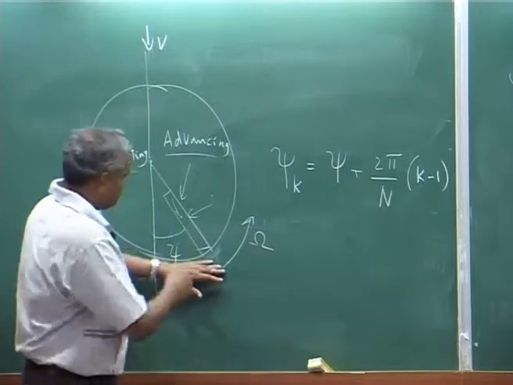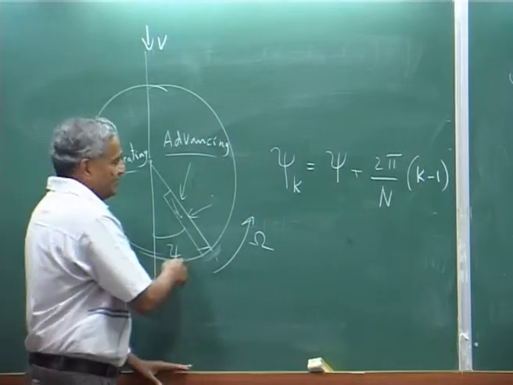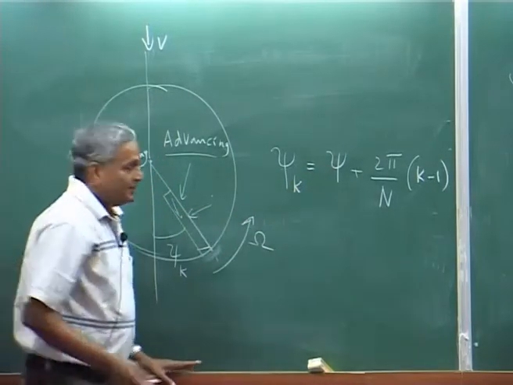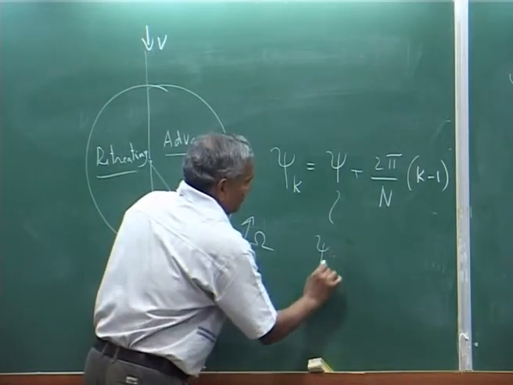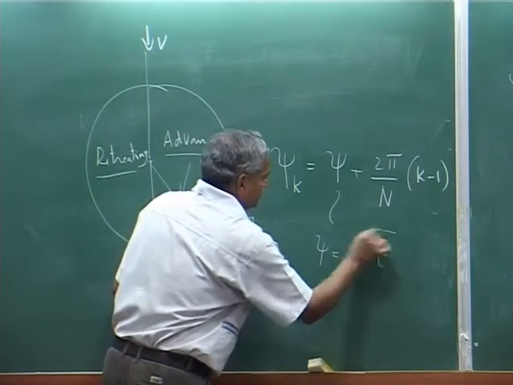So, if this is the first blade, psi 1 is nothing but psi, which is omega t.